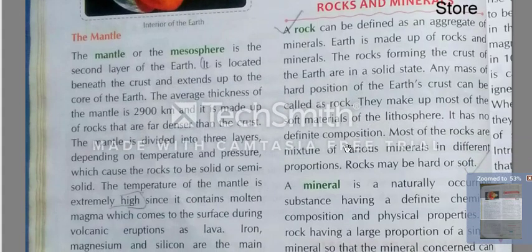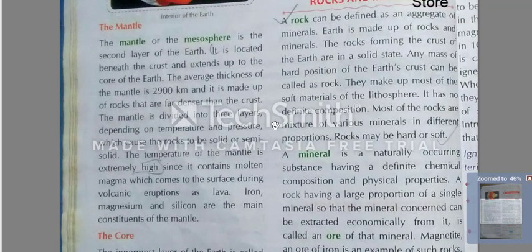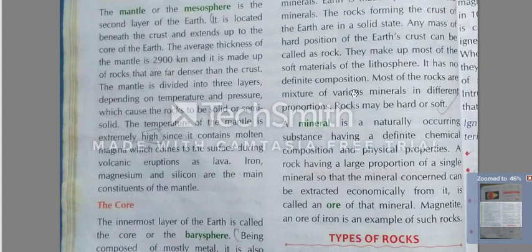It has no definite composition. Definite means certain. You can write here certain, or fixed. Fixed will be good. It has no fixed composition.